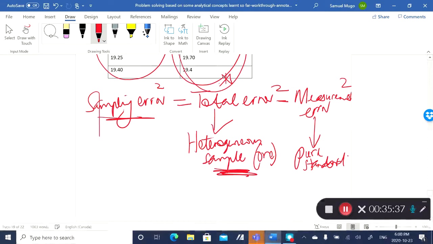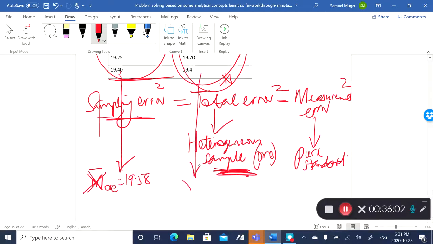Referring to this data set, how do you calculate this? Again, fairly straightforward. Calculate the mean of the ore, let me call it x bar of the ore, which is 19.58. Just confirm that.